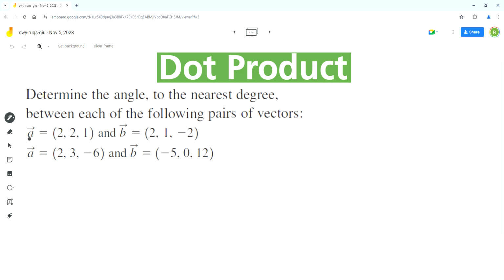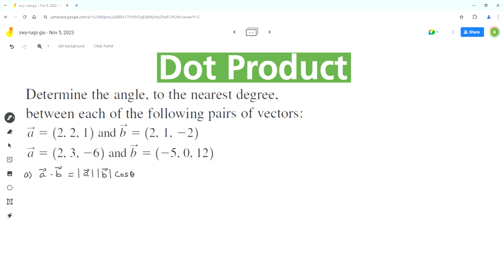So let's start with the first pair A and B. In order to find the angle between the vectors, we have to use the dot product equation. So this is the dot product equation.